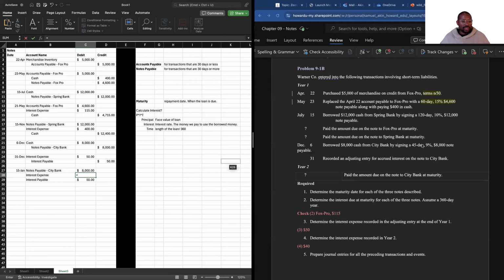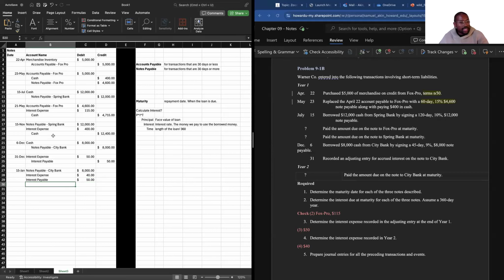That's going to be the difference between the 25 days that we accounted for and the 45 days that we do need to account for, which is 20 days. So we do principal multiplied by interest rate multiplied by 20 days, right? Because we already accounted for 25 days. We just need to account for the remaining 20.